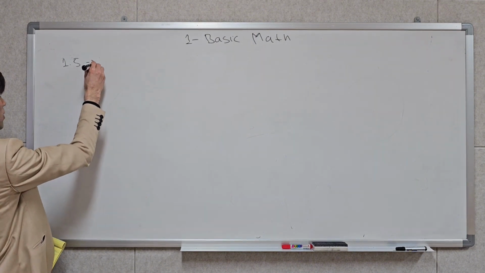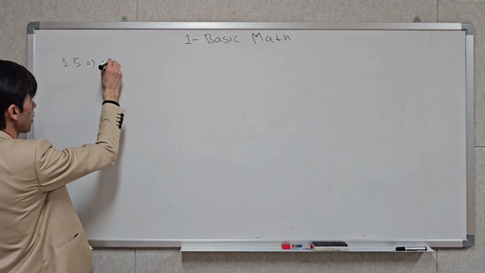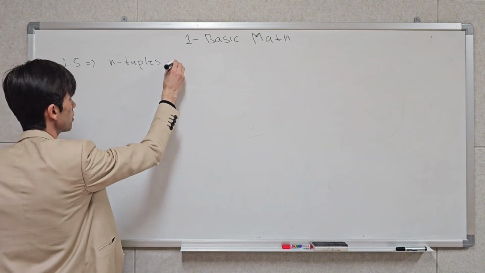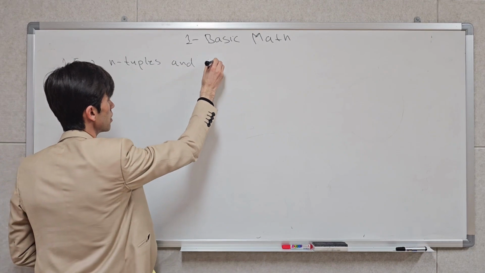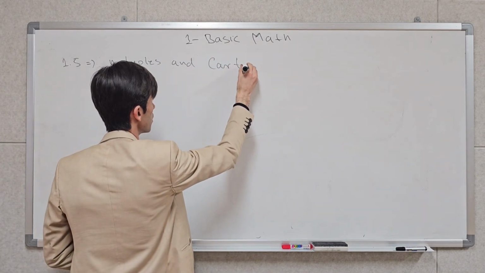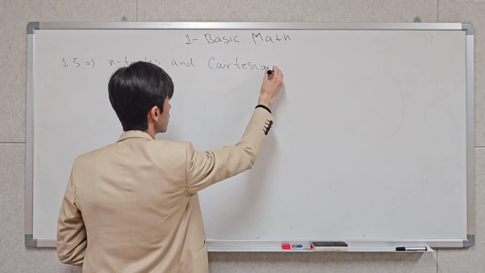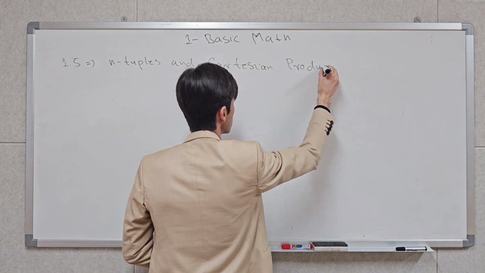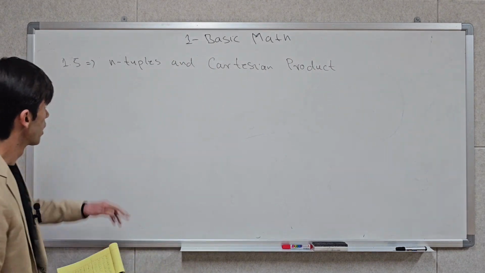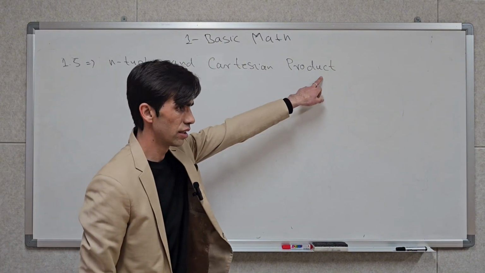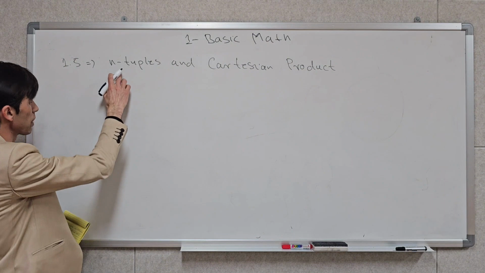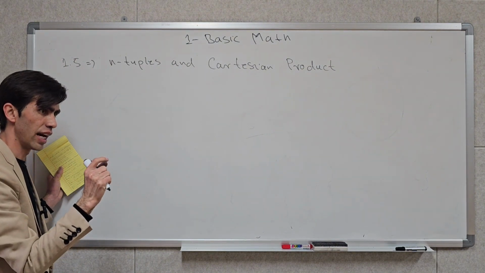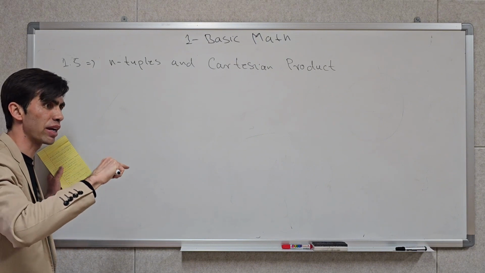1-5. N-tuples and Cartesian product. N-tuples means each element of the set is a combination of n other sub-elements.